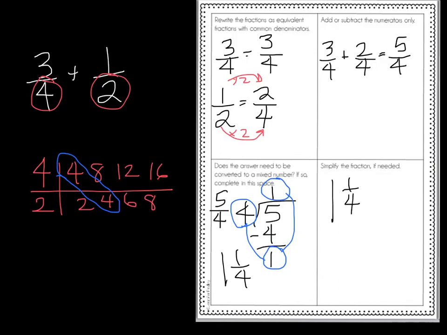Now we need to see if we can simplify the fraction. Well, I know that when I have a numerator of 1, that is as simple as a fraction can get. There is no way I can divide 1 to make it a smaller number. So I know that I have my answer in simplest form. So the answer to 3/4 plus 1/2 is 1 and 1/4.